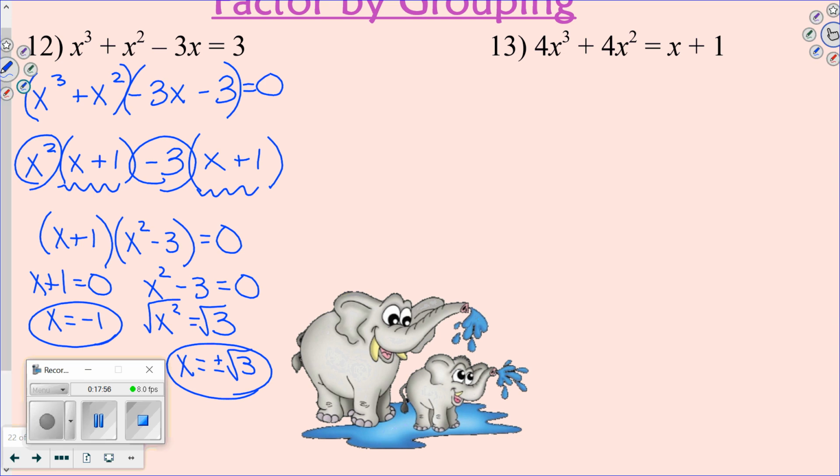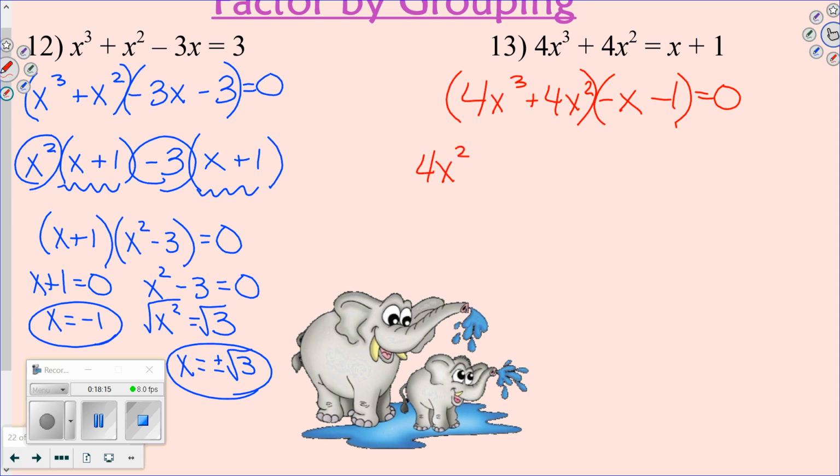All right, guys, so we need to set it equal to 0 to start. 4x cubed plus 4x squared minus x minus 1. We have 4 terms, so we know that is grouping. GCF in the first set is 4x squared. What do we have left? I see a lot of you struggling when you're taking this out right here.